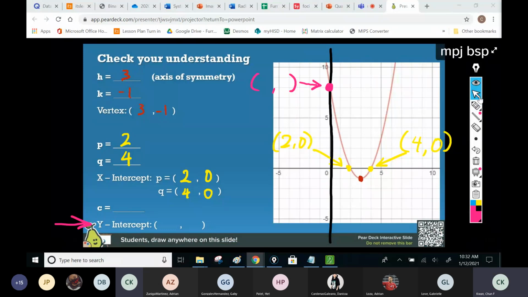So the X value comes first. The X value is 0, and then the Y value is positive 8. 0 and 8. So that means the C equals 8.